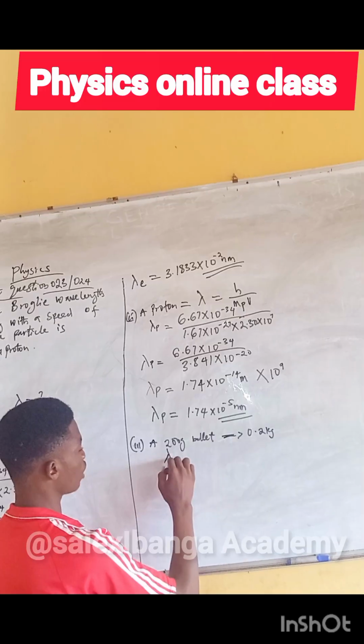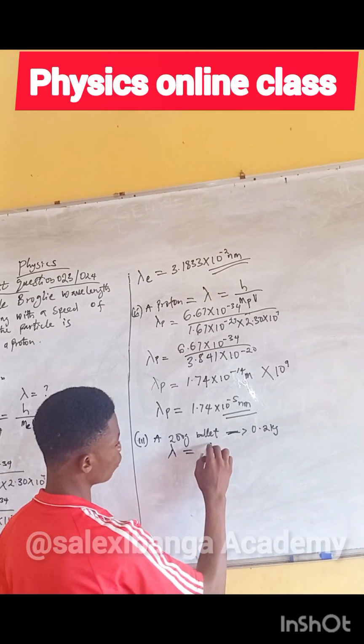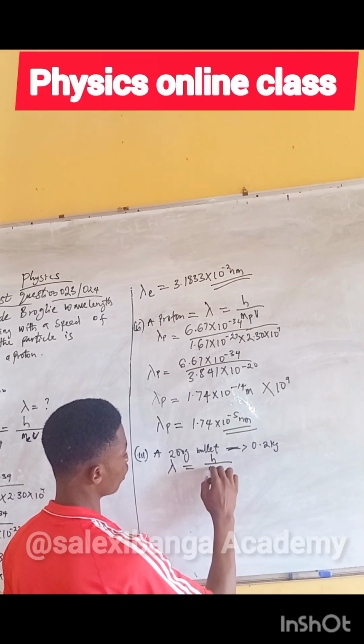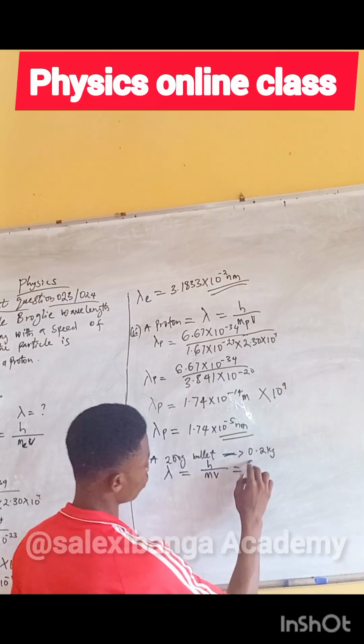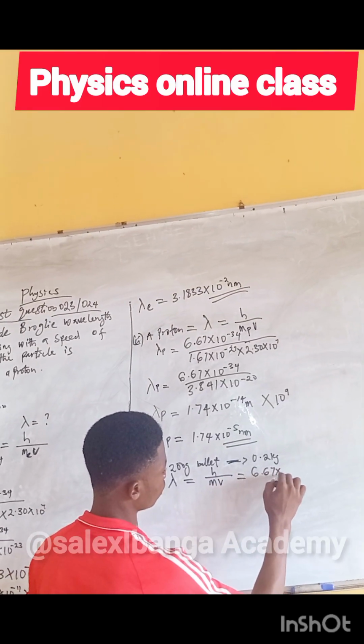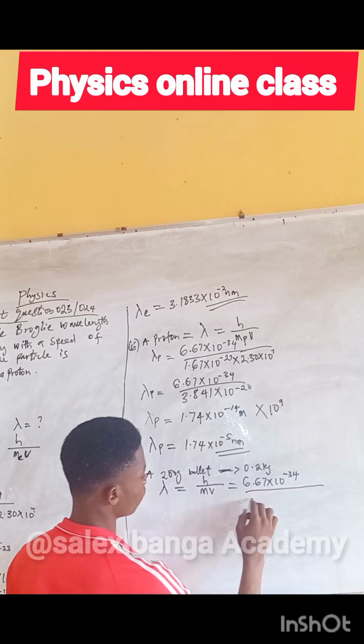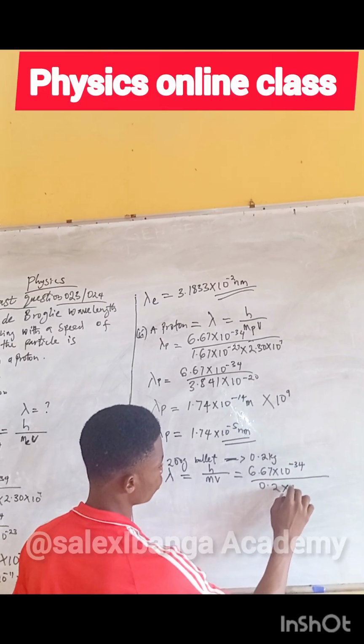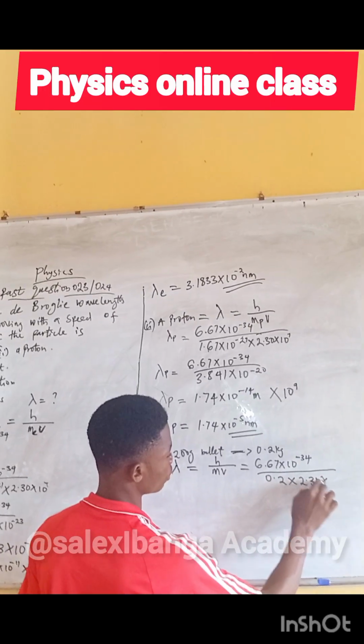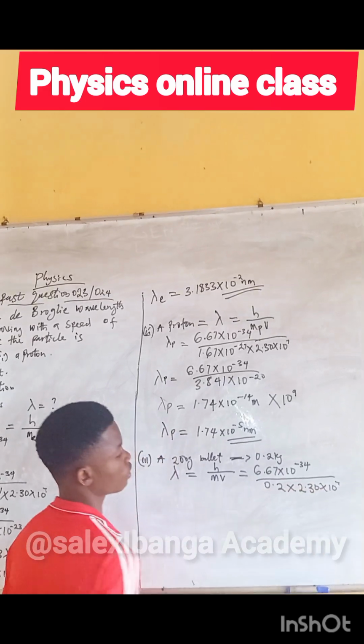So if we substitute into lambda equals h over mv, that will give us 6.67 times 10 raised to the power minus 84 divided by 0.2 times 2.30 times 10 raised to the power 7.